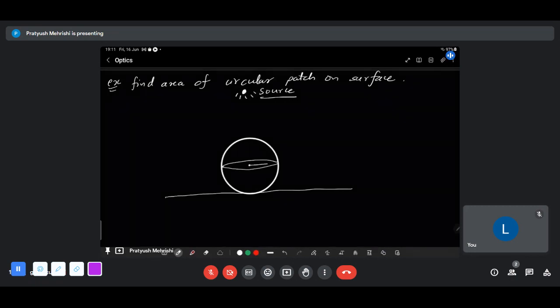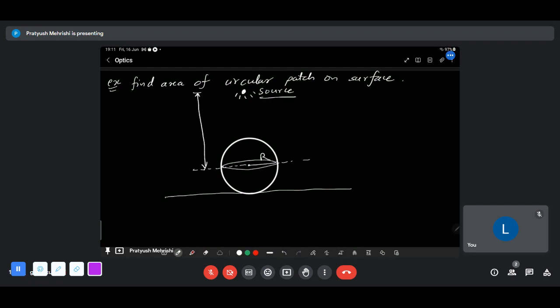The radius of this sphere is given as capital R, and the distance between the center and the source is given as 2R.